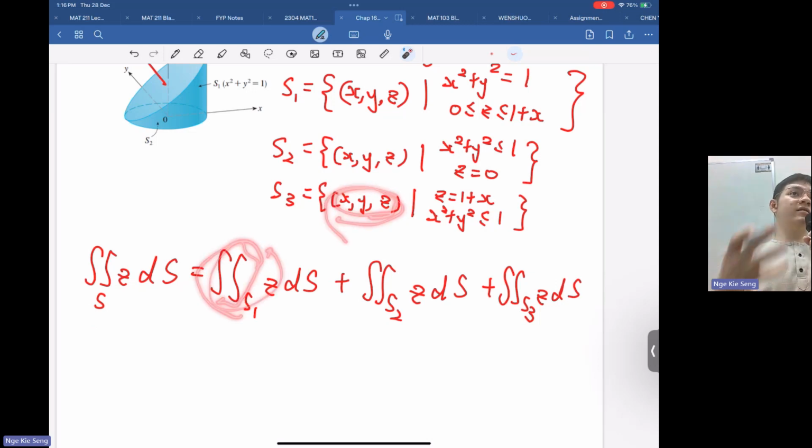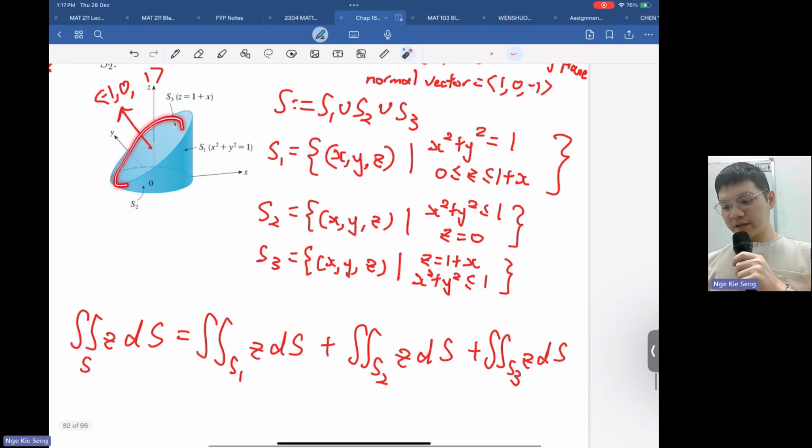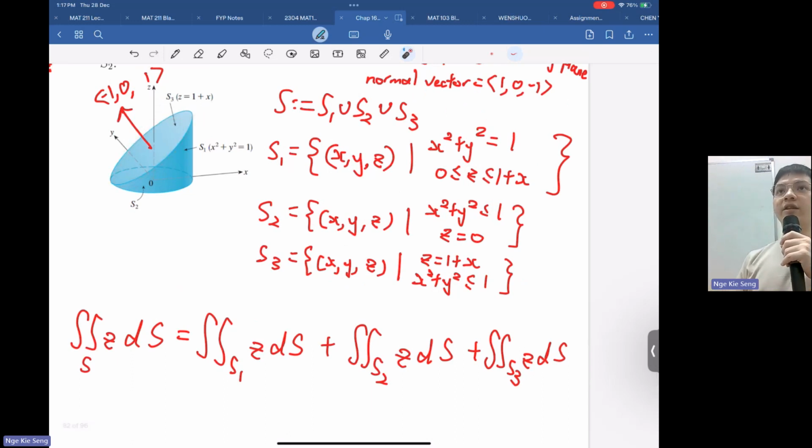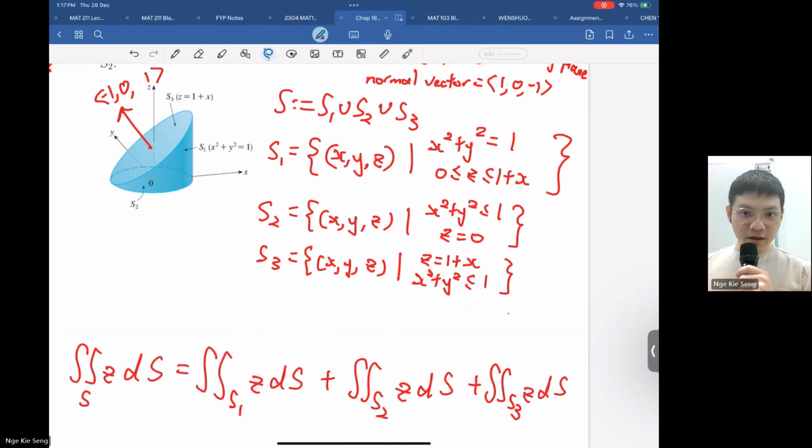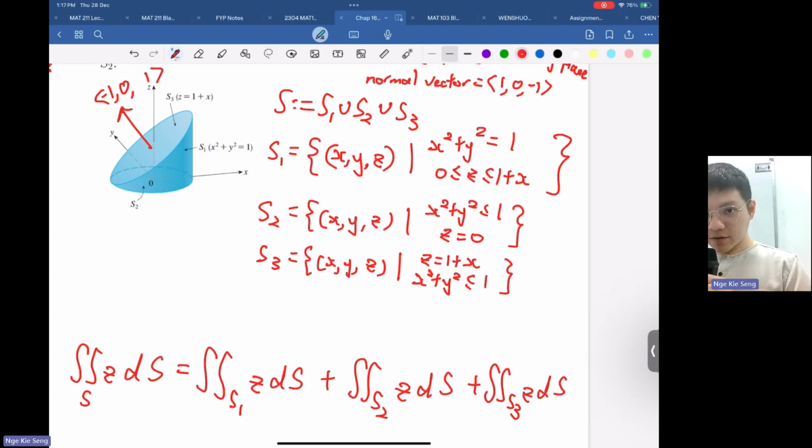This is a surface, so we can use 2 variables to describe the surface S3. So how should we reparameterize this? Let's call it R3 maybe.